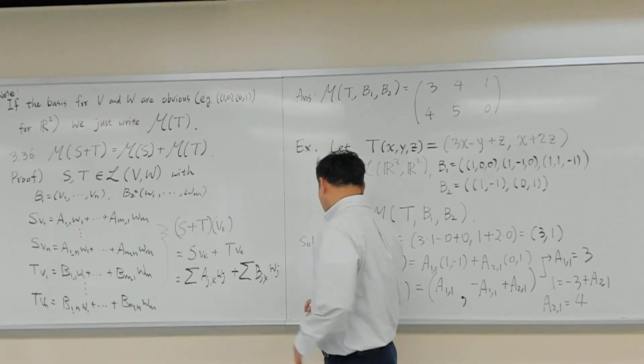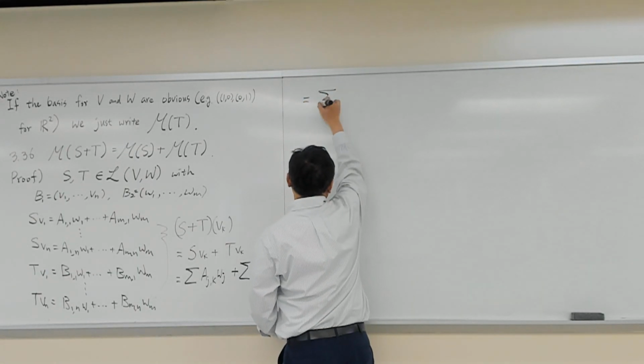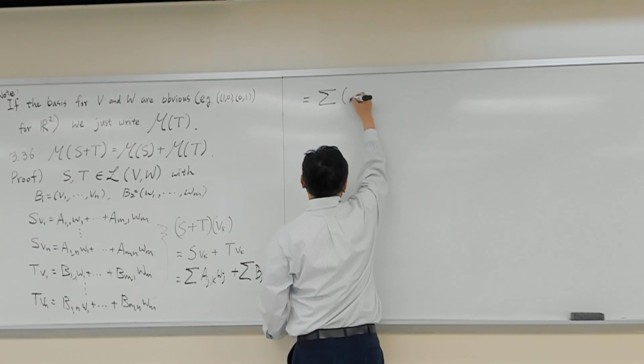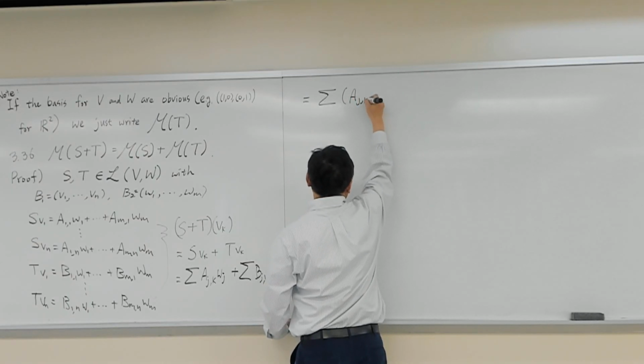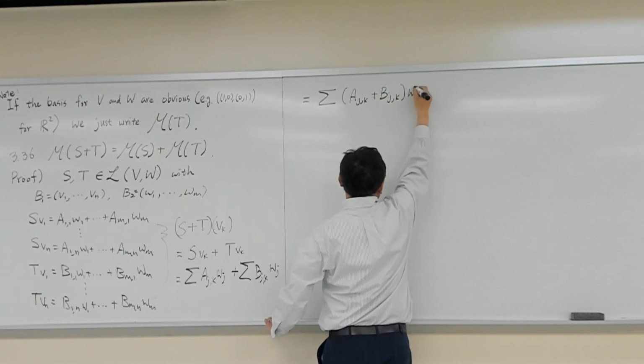So you can put these together as the summation of (Ajk plus Bjk) wj.